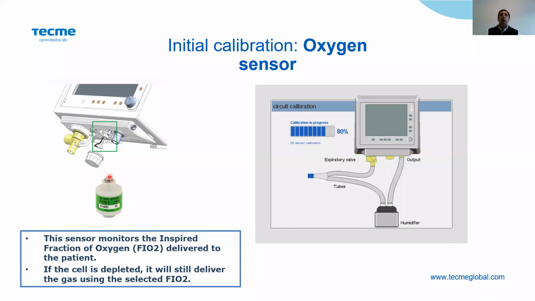Also, the oxygen sensor is used to check the quality of the oxygen gas supply. If we don't have good enough oxygen, the machine is going to give us a warning saying that the oxygen is not good or the oxygen cell is depleted.